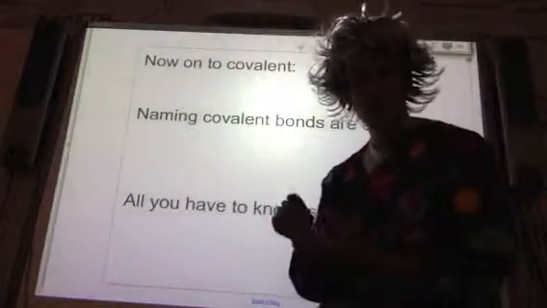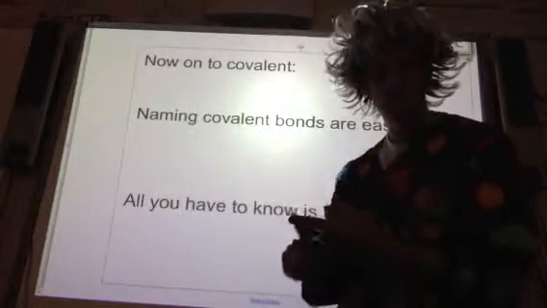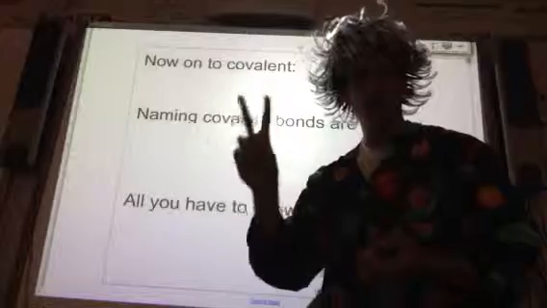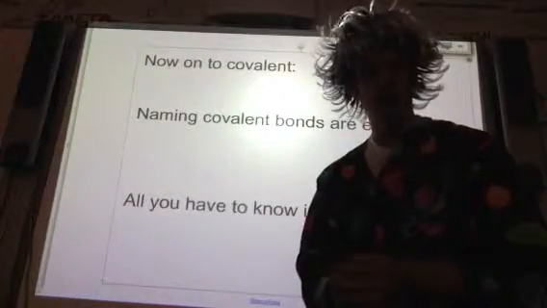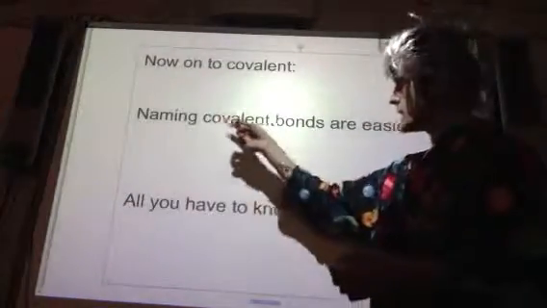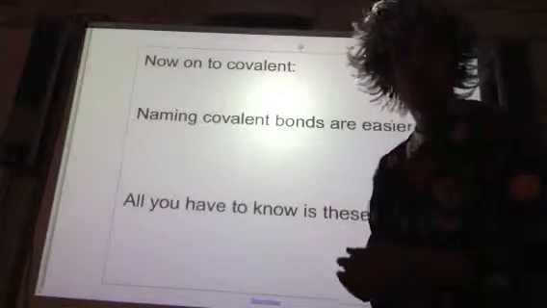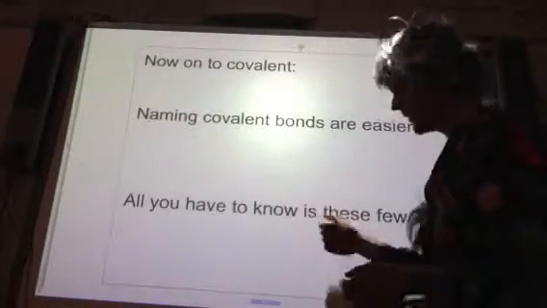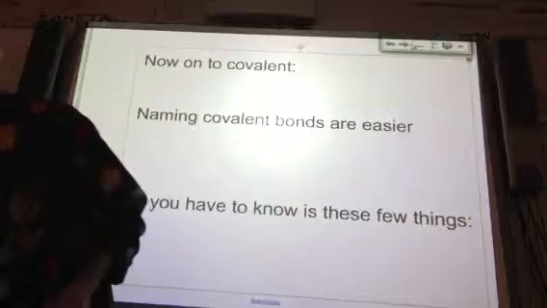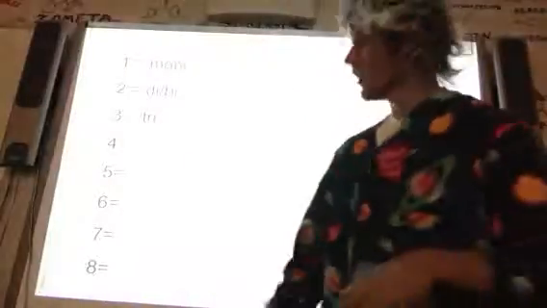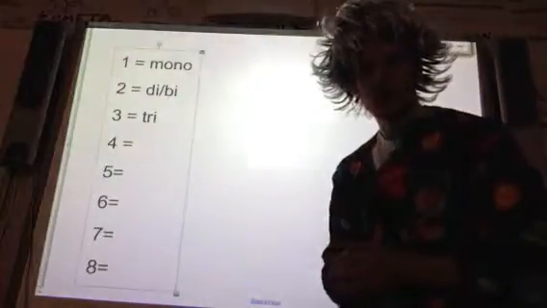Okay, once you identify it's not ionic, it must be covalent, because two or more nonmetals bonded together is covalent. Naming covalent bonds is actually much easier. All you have to know is this simple fact right here. You need to know these prefixes.